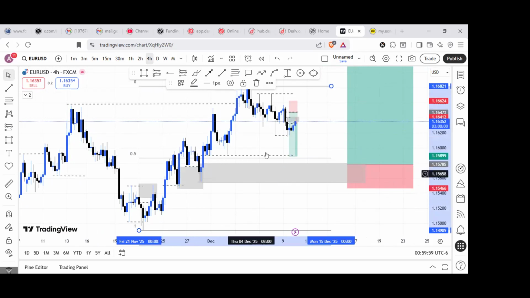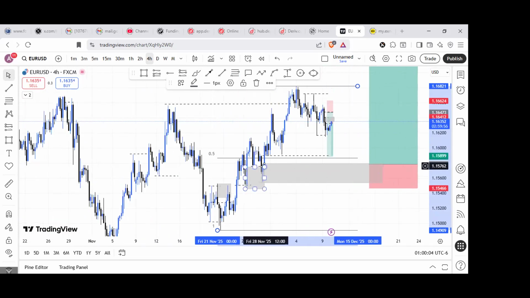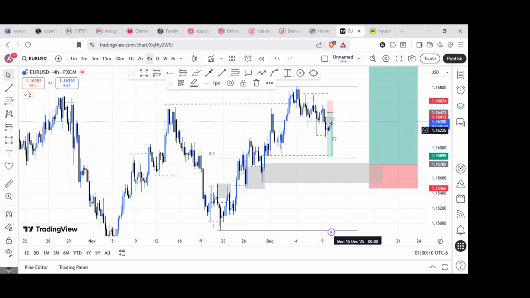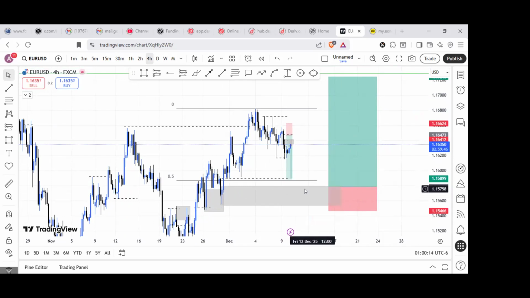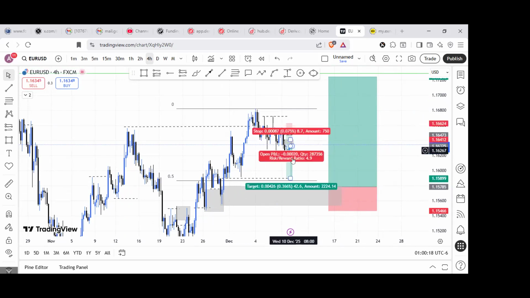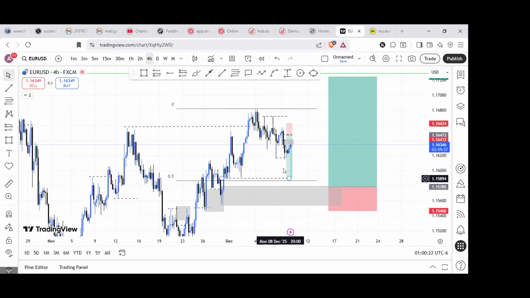That's 50% of the range, and we have this liquidity resting, and this zone has not yet been tapped by price. So this looks like a good place to look for the buy continuation, right? That's why I have my buy limit placed here, and I'm waiting for this correction to happen and come all the way down here for me to buy.